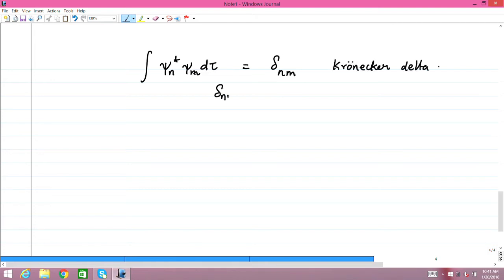Delta_nm is 1 if n is equal to m and is equal to 0 if n is not equal to m.